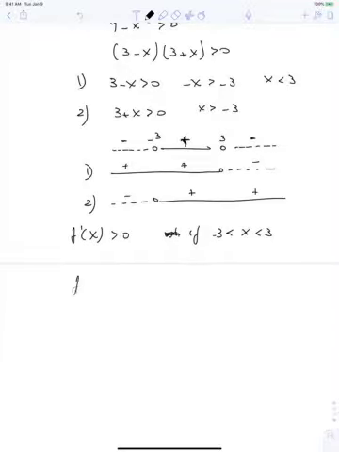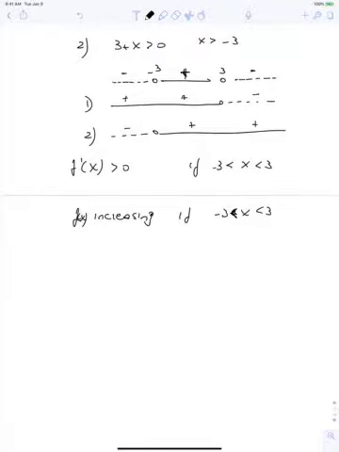So this means that f of x is increasing if x is greater than minus 3 and less than 3.